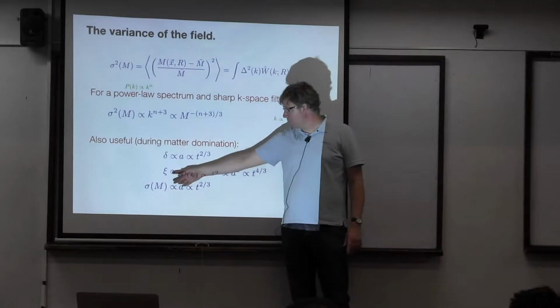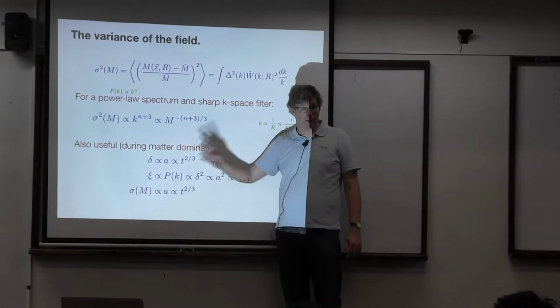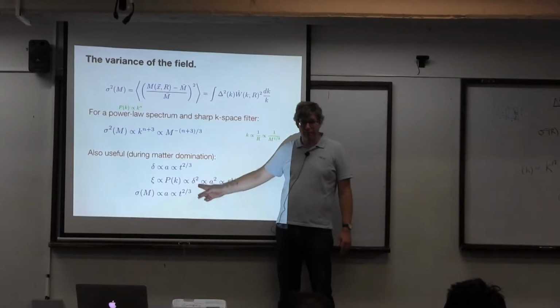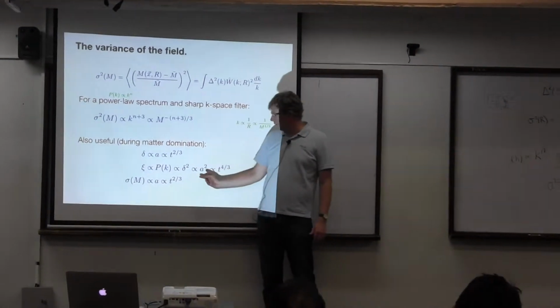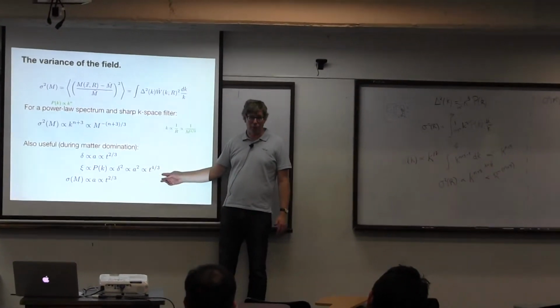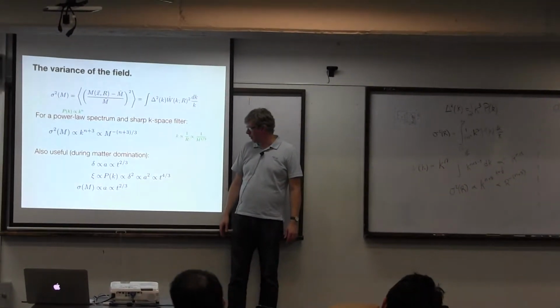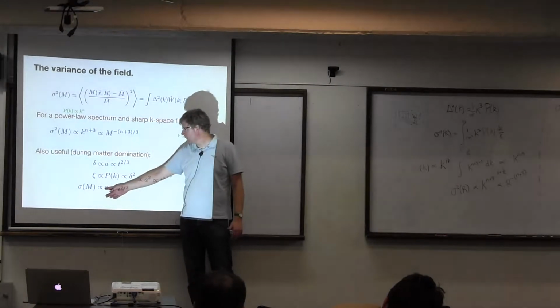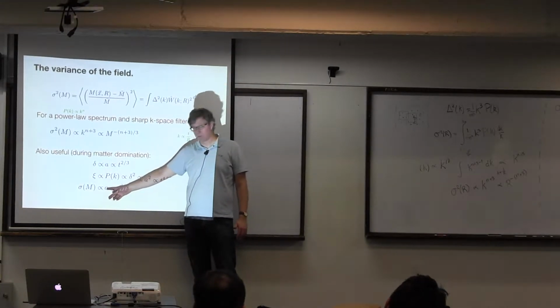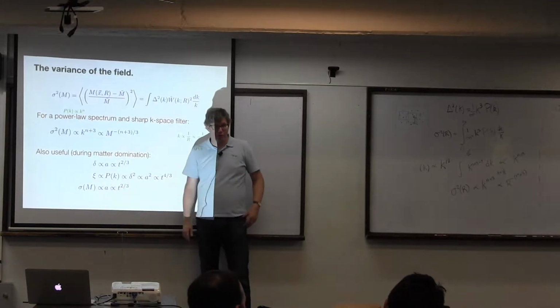The correlation function, or the power spectrum, those are equivalent, they both depend on the density squared. And they then depend on A squared, or equivalently, time to the 4/3. And sigma finally depends on the overdensity, so it's proportional to A or proportional to t to the 2/3.